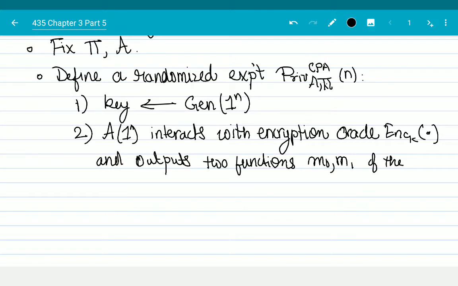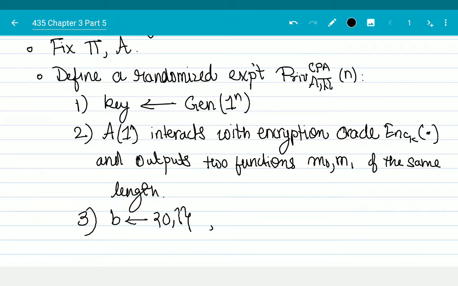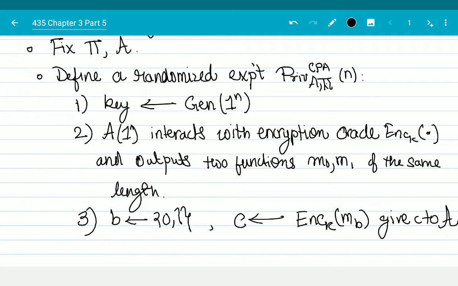The length has to be the same as the key generated by the generator, but that is assumed. Then we choose a random bit b in 0, 1 and encrypt the message m_b using our encryption oracle, and give the ciphertext c to A.